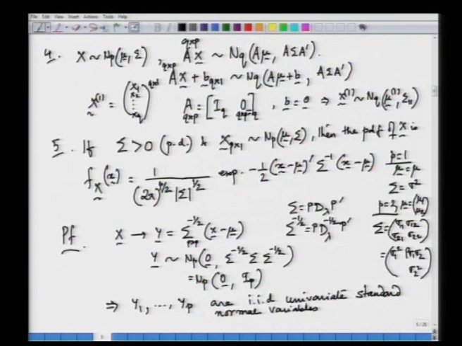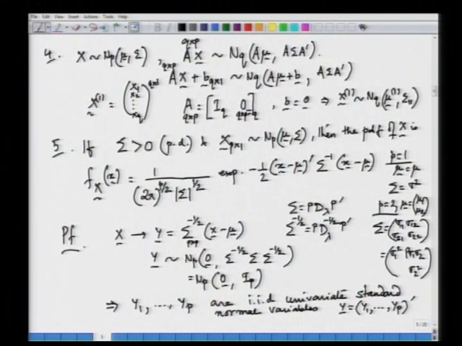Of course, what are y1 to yp? Well, these are components of y. Okay. So, writing the PDF of the random vector y is basically now writing the joint PDF of the p IID univariate standard normal variables, which we know, which we can handle very easily.